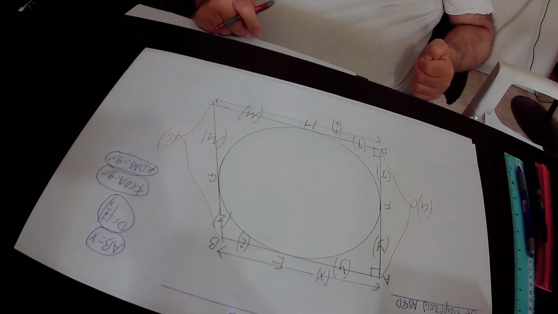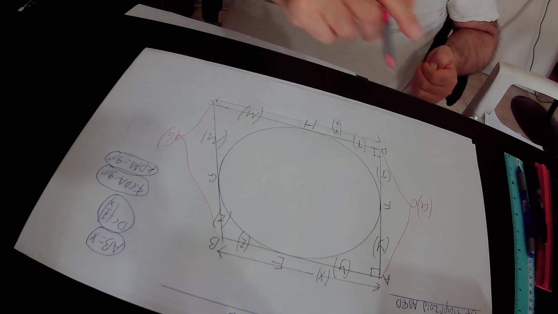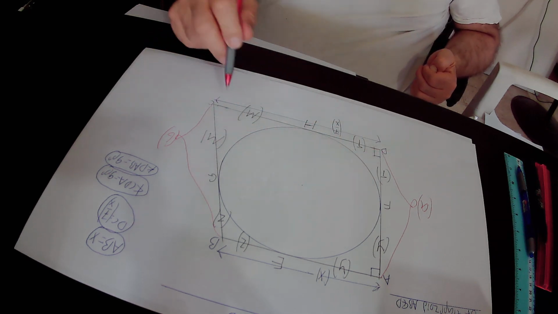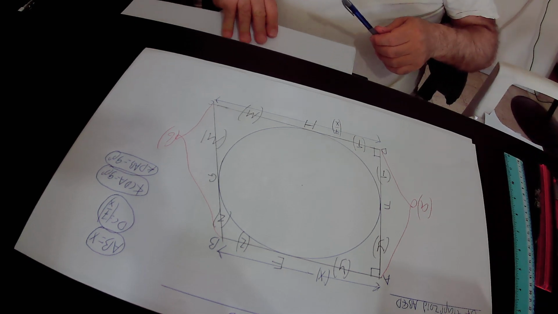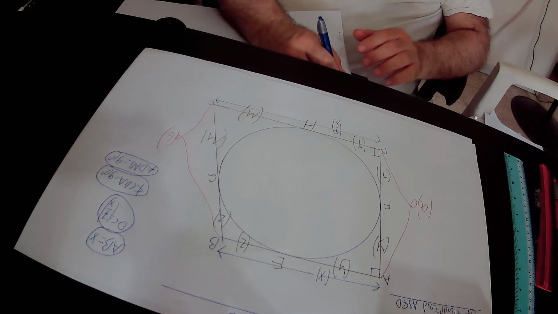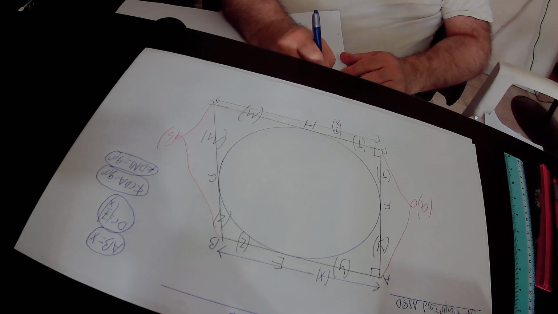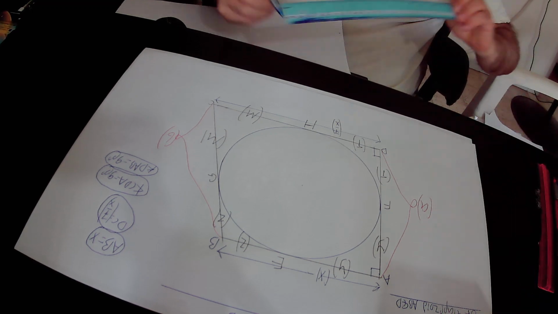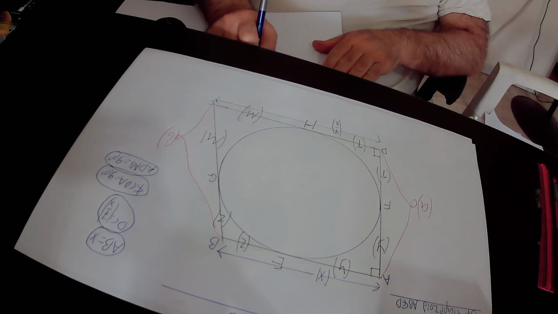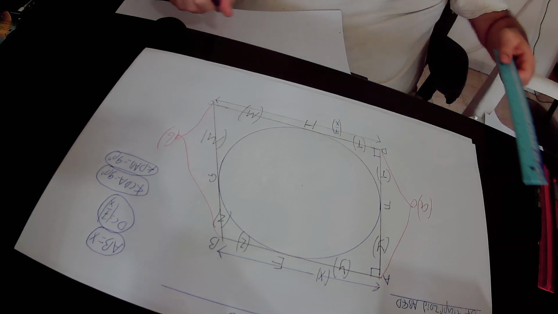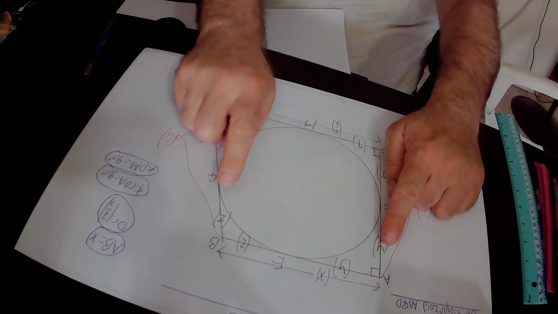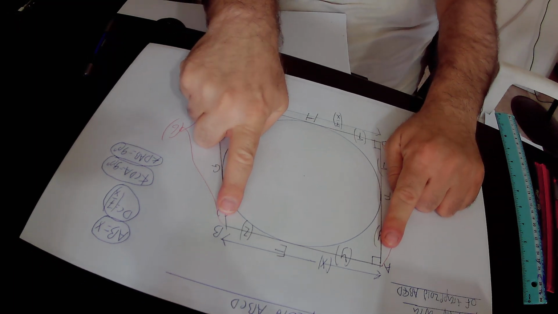So what is the value of side AB plus side DC? AB plus DC. Side AB, according to rule 2, equals y plus z.